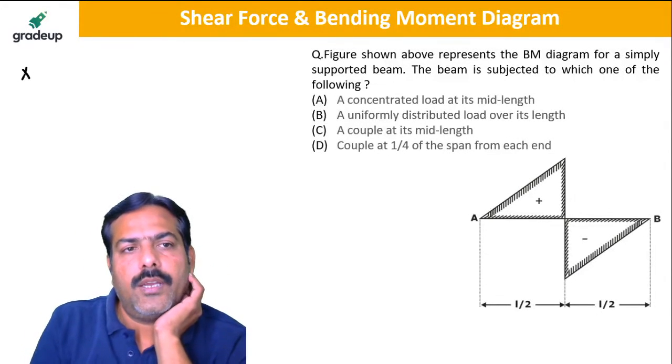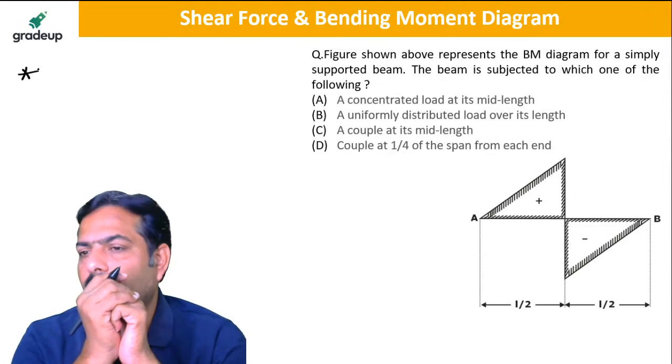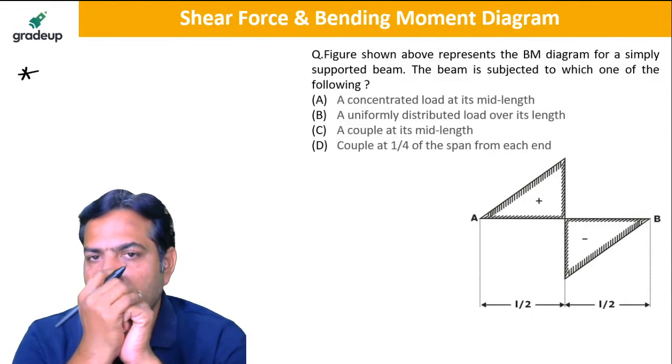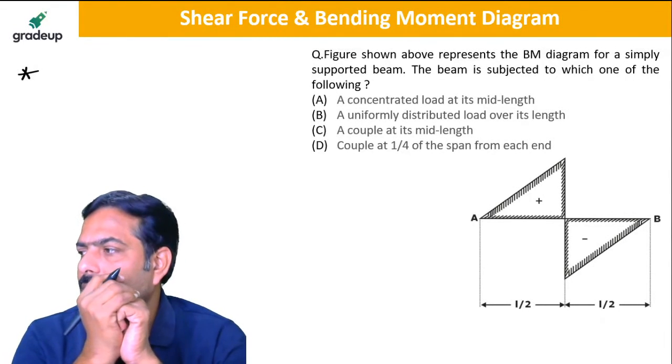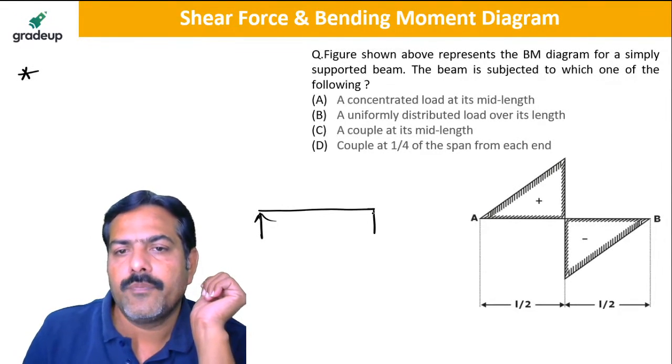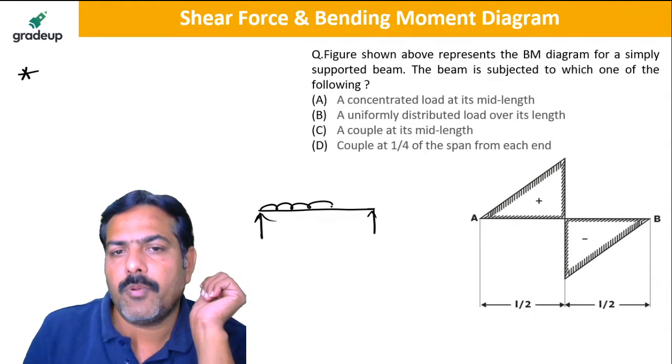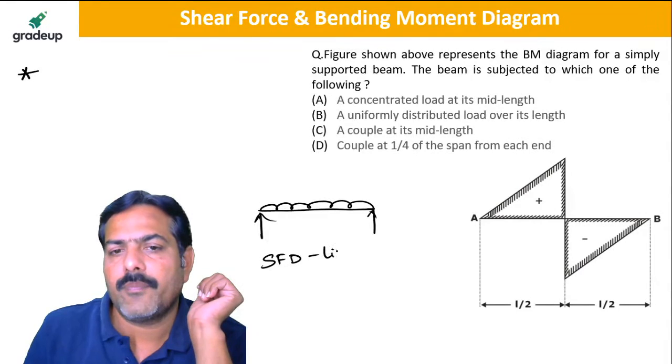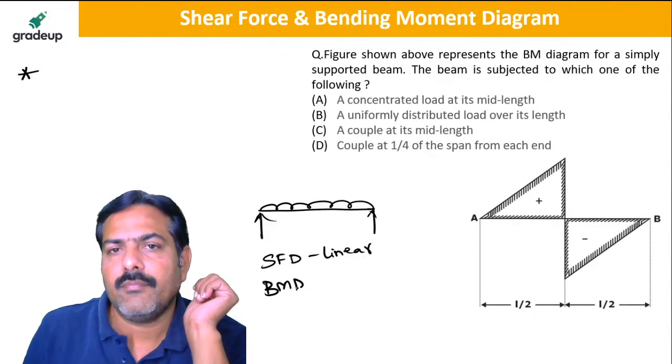So I told you that for a simply supported beam with UDL, the shear force diagram is linear and the bending moment diagram is a parabola.